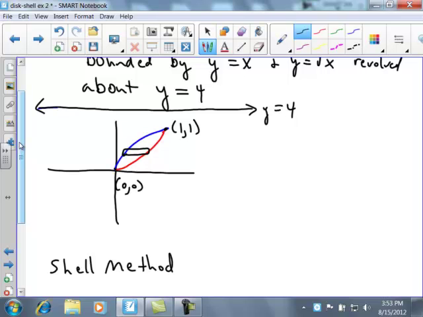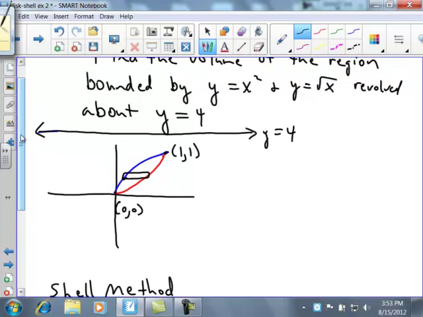So I need to take both of my equations that I have, y equal to x squared and y equal to the square root of x. I need to solve both of those for x so that I get everything in terms of y. So if I take y equal to x squared and solve this for x, I get that x is equal to plus or minus the square root of y.